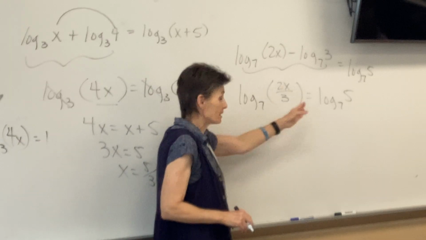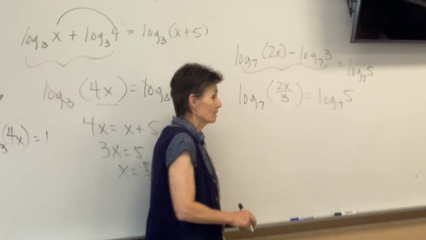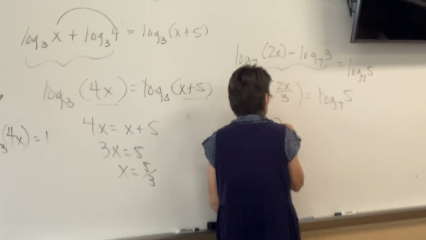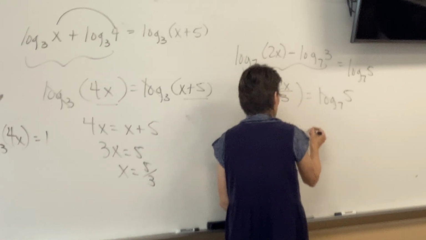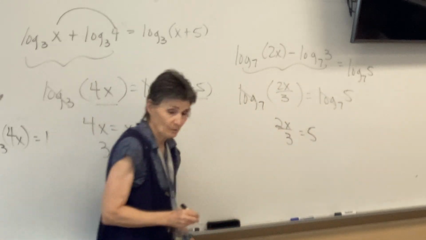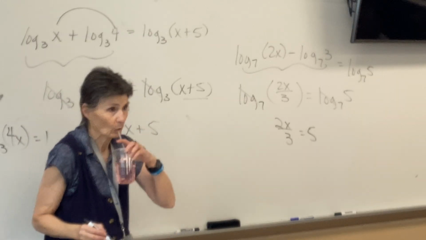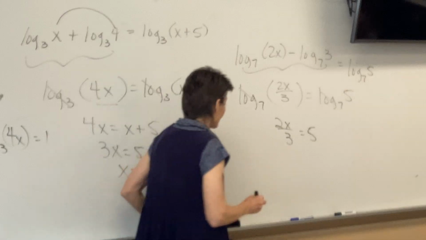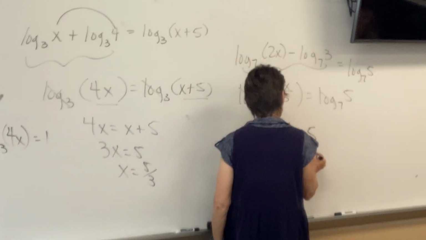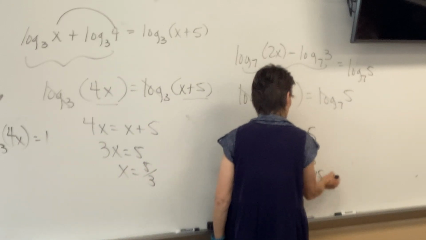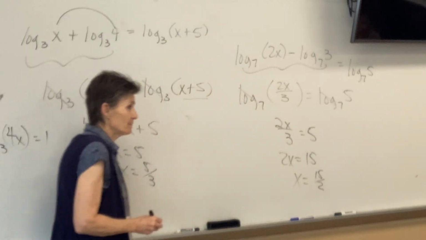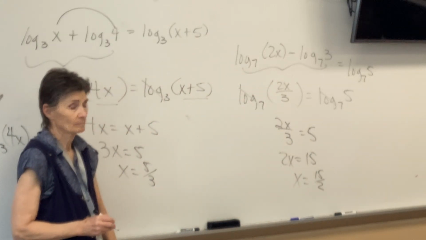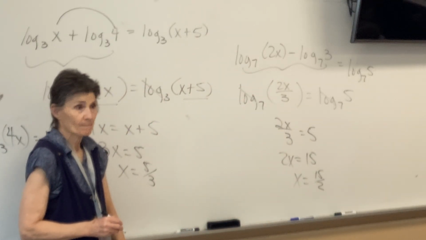Now I got log equals log, log them out, 2x over 3 equals 5, then what do I do? Multiply by 3, so x equals 15 halves. Right?